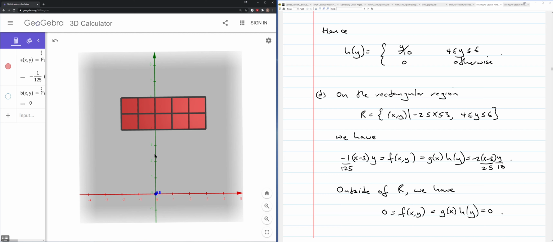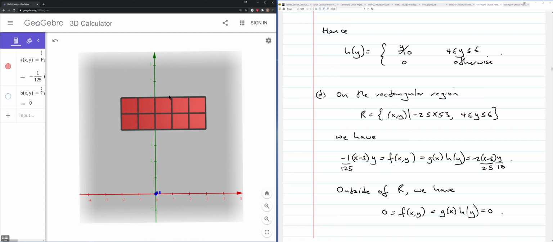But when y is less than 4, the h of y is actually equal to 0 as well. So on the left hand side you have 0, and on the right hand side the h of y for y less than 4 is also 0. So if you're outside of R, at least in this case, the joint PDF is 0 and the marginal h of y is 0.